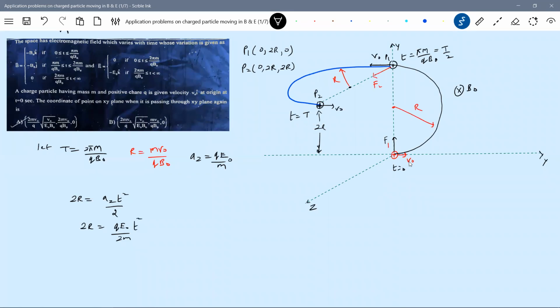So t squared will be 4 m r by q E naught. What is the time it will take? What is r equal to? m v naught by q B naught. We have written that, so let's substitute it.